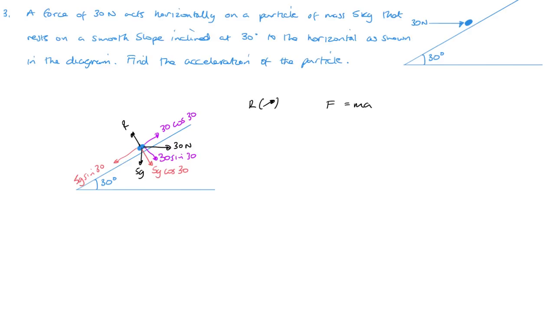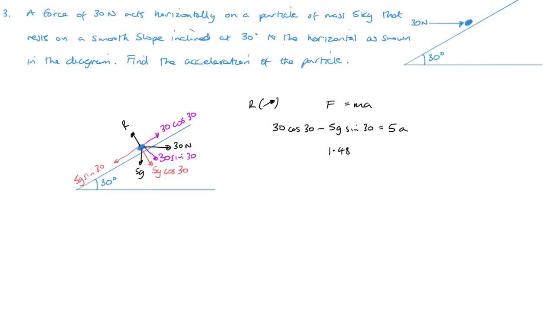So F equals ma. I'm taking upwards as positive. So it's 30 cos 30 minus 5g sine 30. And the mass is 5 and a is what we're trying to find. Oh, and it is up.